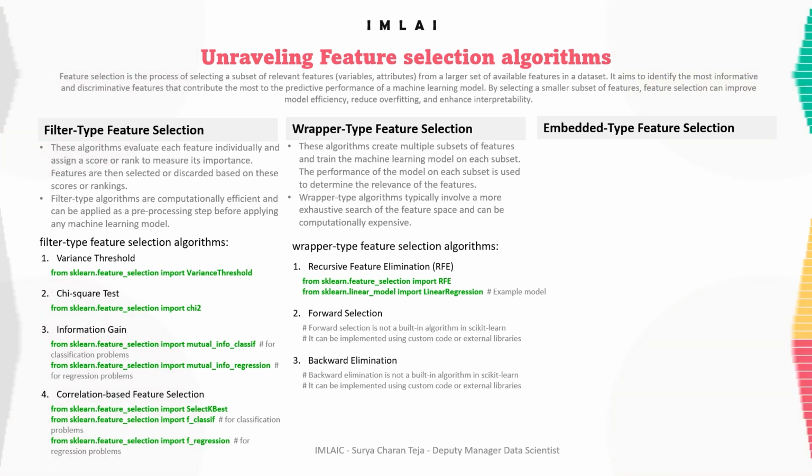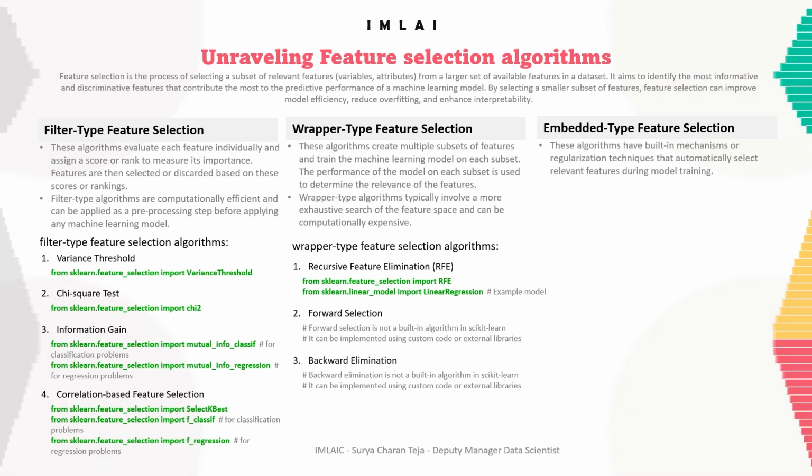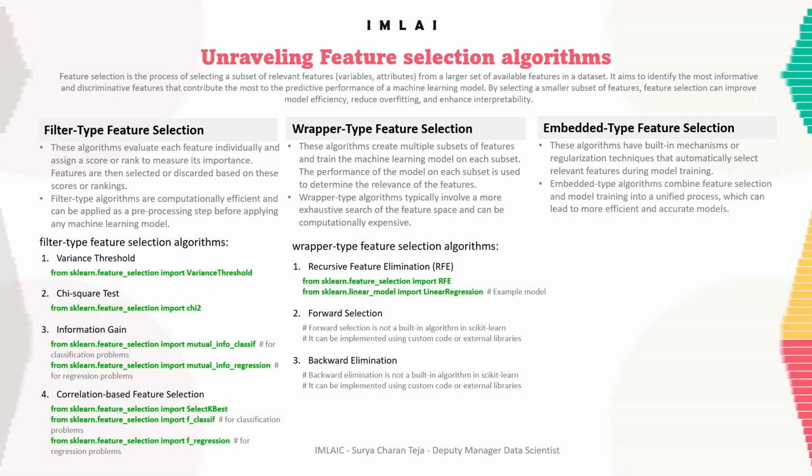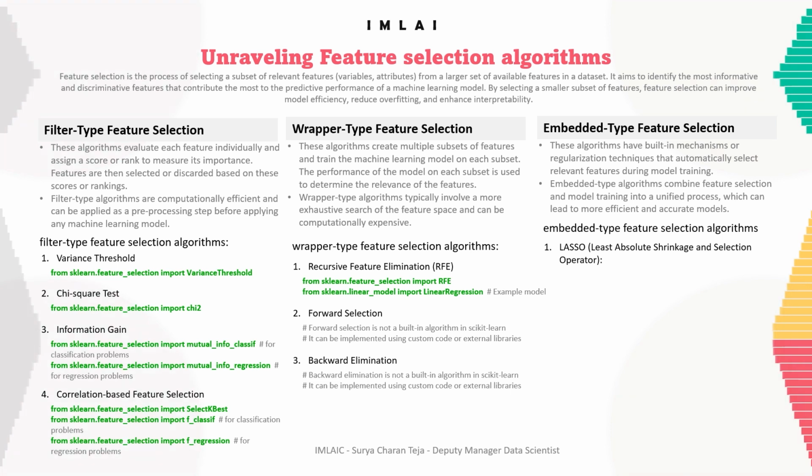These algorithms have built-in mechanisms or regularization techniques that automatically select relevant features during model training. So embedded type algorithms combine feature selection and model training into a unified process, which can lead to more efficient and accurate models. Some examples of embedded type feature selection algorithms include lasso.